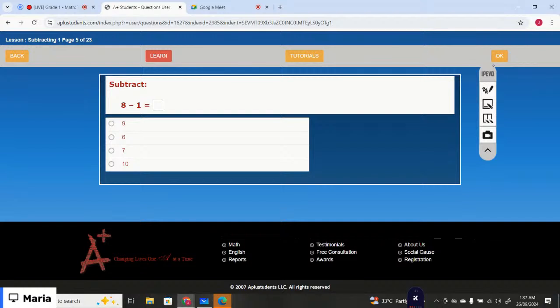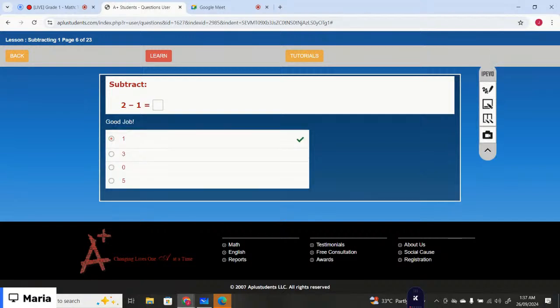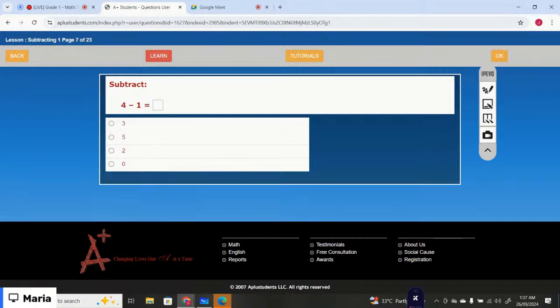Okay, the next one is 2 take away 1. So which is the correct option? 2 take away 1 is 1. The correct option is 1. Option number 1 is the correct option. 4 take away 1.